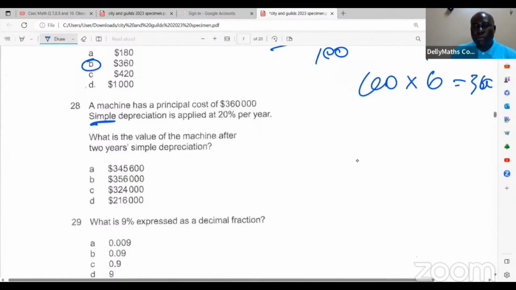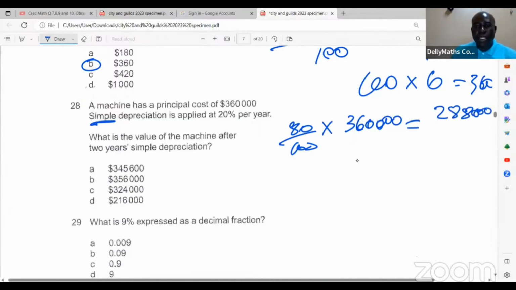So you're going to go down to 80% of the 360, because when 20% comes off, that's 80%. And then you're going to go down again. So what you want to do again is take 20% of that, which means that you go down to 80% of that new figure, because 20% off would mean that it's 80% of that figure that you're dealing with there.